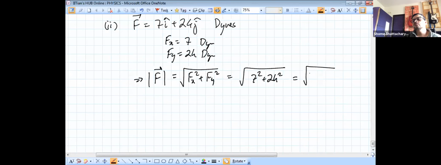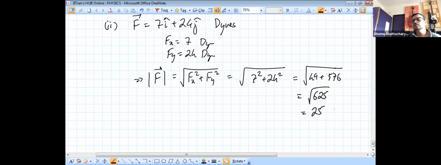So this will become 49 plus 576. Okay. So that is square root of 625.